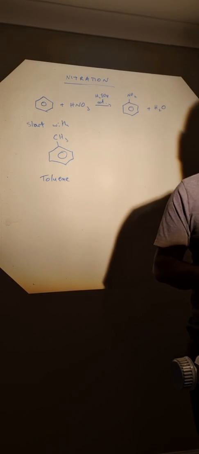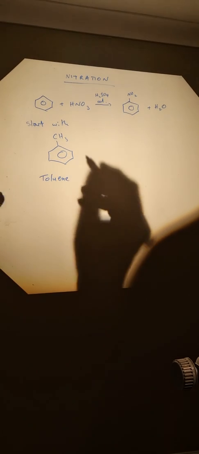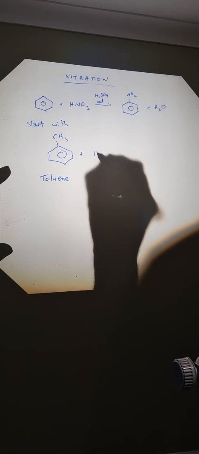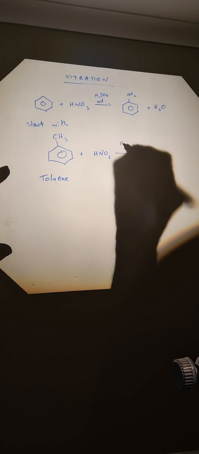Methyl benzene is the modern name, the IUPAC name, but I'm going to call it toluene, because toluene is the common name, the old name. And what if we were to react that with nitric acid in the presence of sulfuric acid, both concentrated, catalyst?